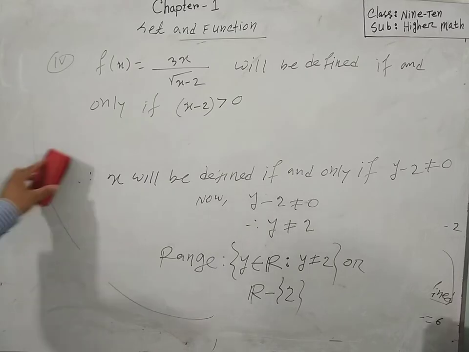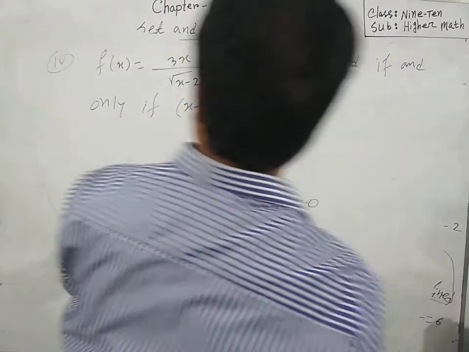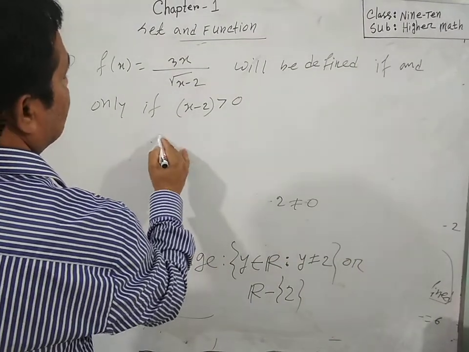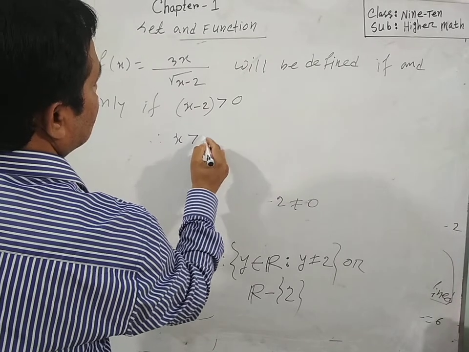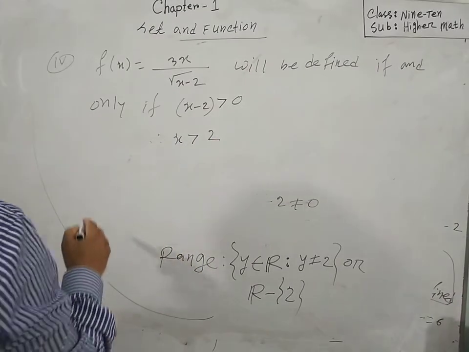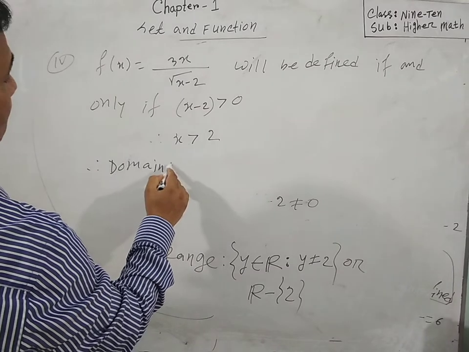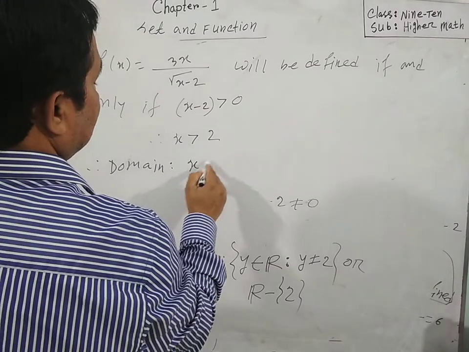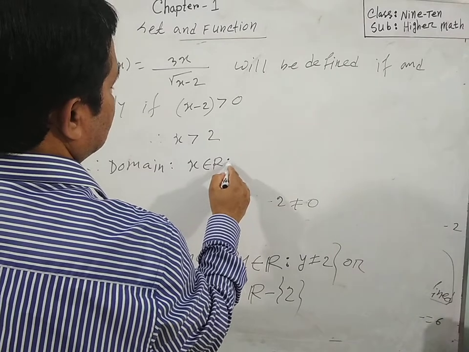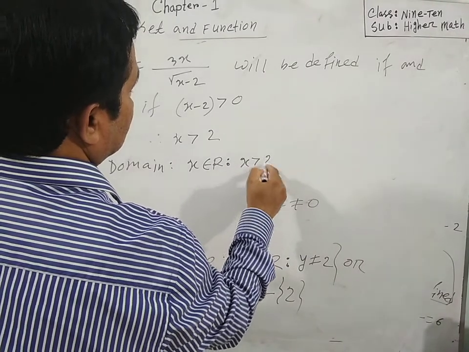This is the rules of denominator. Here x is greater than 2. So here domain: x belongs to R such that x is greater than 2.